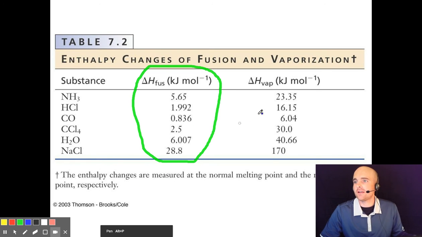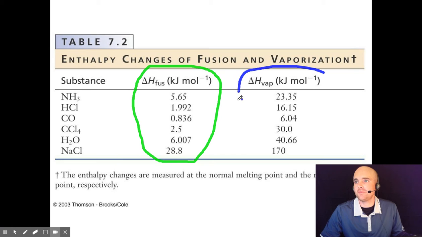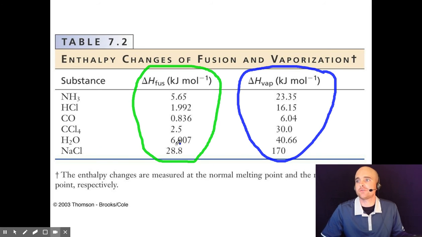And these here are from the liquid to the gas phase, the vaporization. And notice that for water it takes about 6 kilojoules per mole to change ice to water, and it takes about 40 kilojoules per mole to take liquid water to steam.